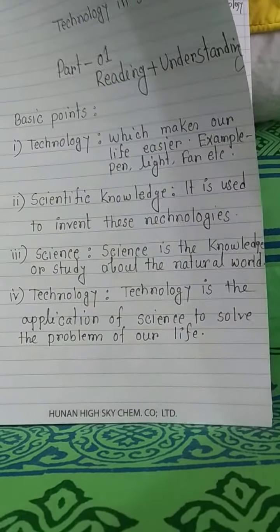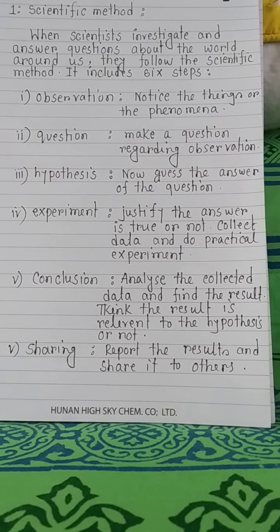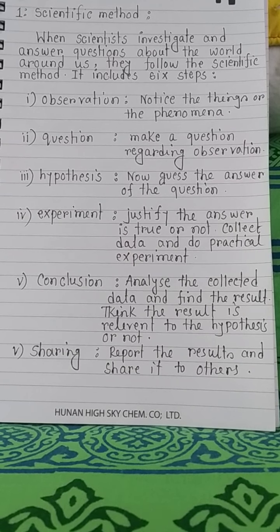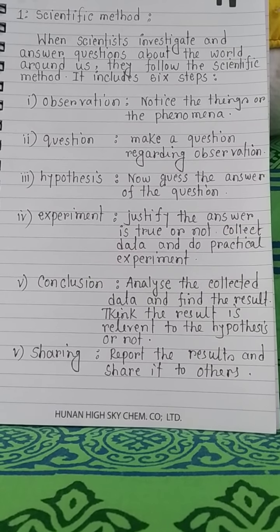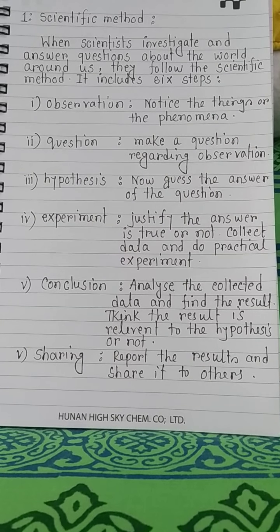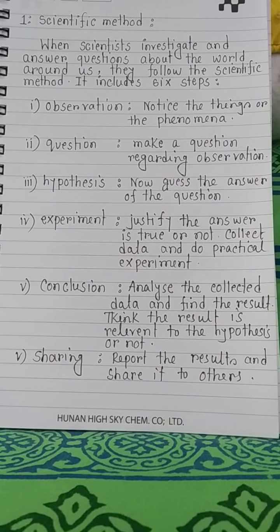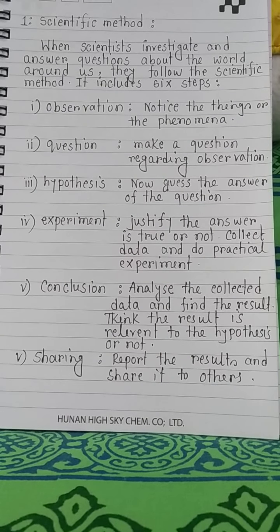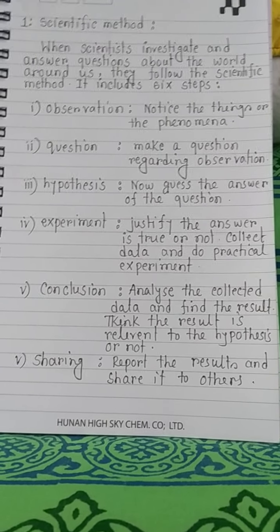Now I'm going to the next topic. The next topic is the scientific method. When scientists investigate and answer questions about the world around us, they follow the scientific method. It includes 6 steps. So we will discuss step by step. The first step is observation.